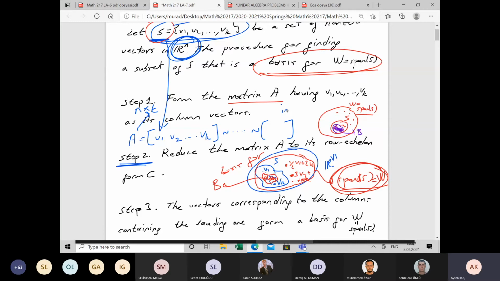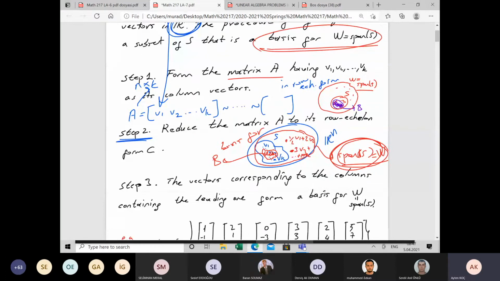Take A and apply the elementary row operations. We get the new matrix in row echelon form, which means we have leading 1s, and to the left of them, zeros.